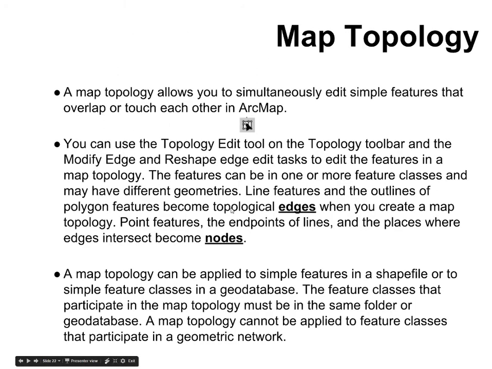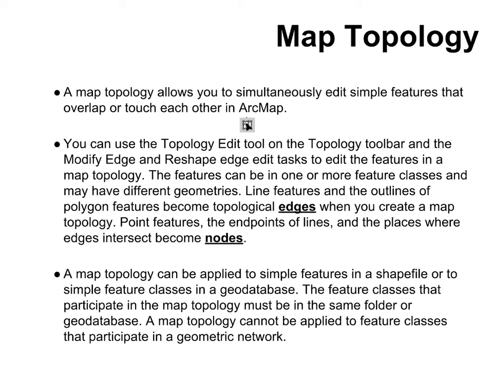So we're not going to talk a ton about map topology in this slide because we'll come back to it in a demo, and mainly because this is more of a geodatabase topology discussion. But a couple of terms to be familiar with when you work with topologies.